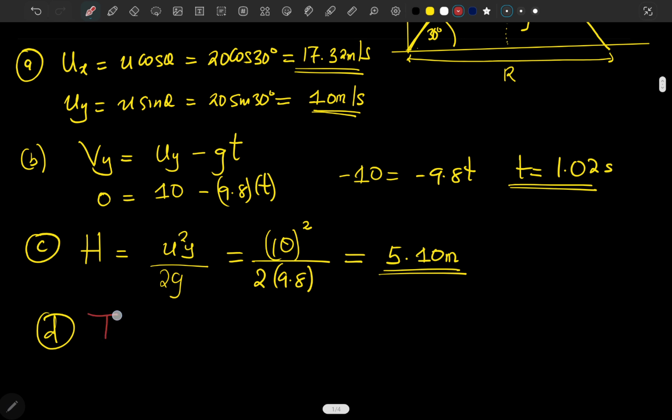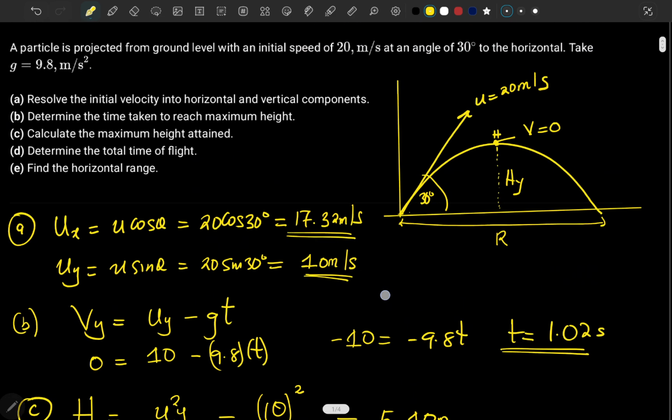So time of flight will be equal to 2t, 2 times 1.02, and this will give us 2.04 seconds.